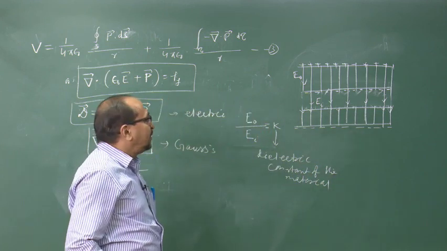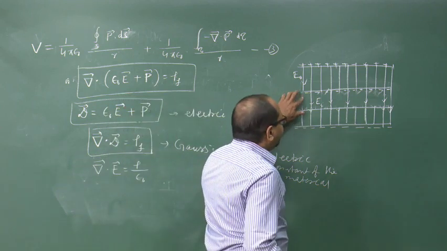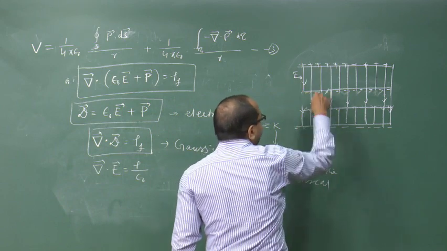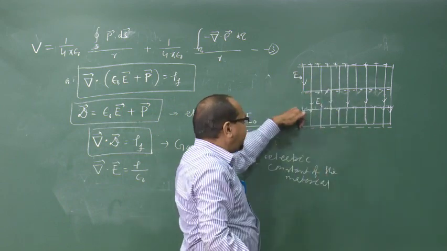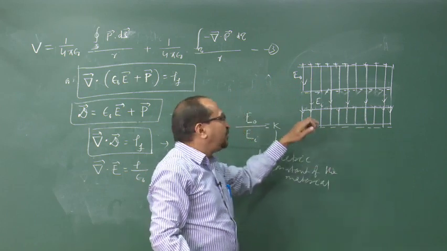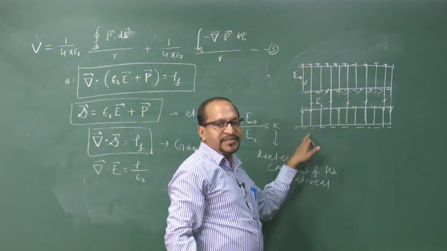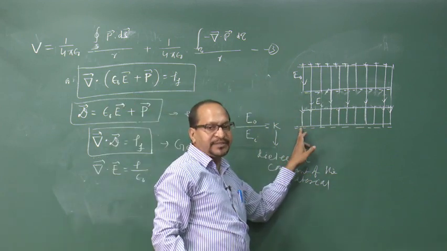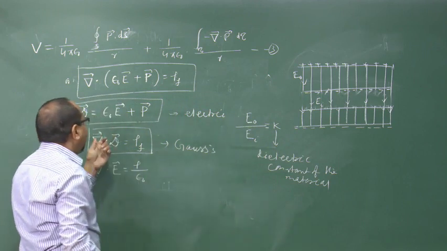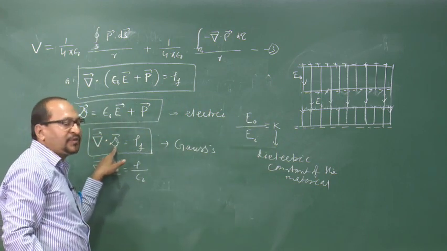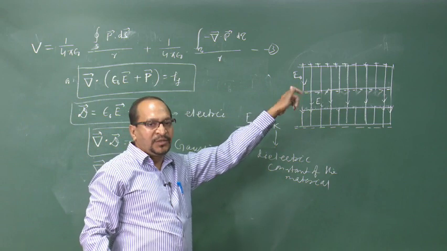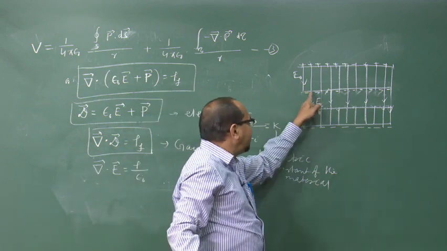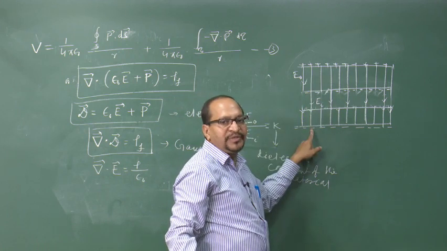Okay. And the line from this point to this point, if we continue these lines, these are the lines from the free charges, joining the free charges. They originate from the free charge, end at the free charge, and that is the lines of electric displacement vector, because their source is free charge, while electric field is due to any charge. Here it is due to bound charge, here it is due to free charge.